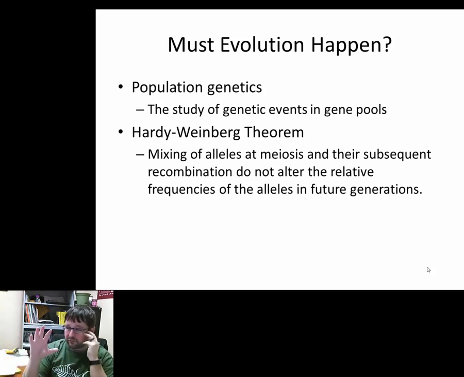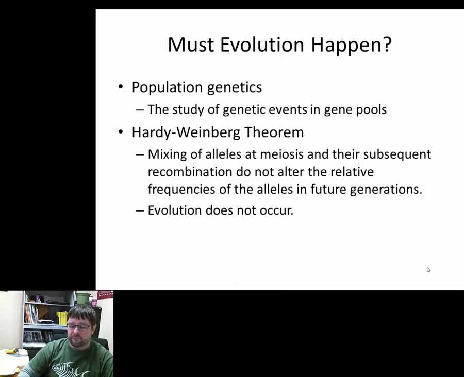Just the mixing there is not enough to change it for future generations. Now, it might be the precursor. It might help, it might start the ball rolling, but it's not enough to drive evolution.